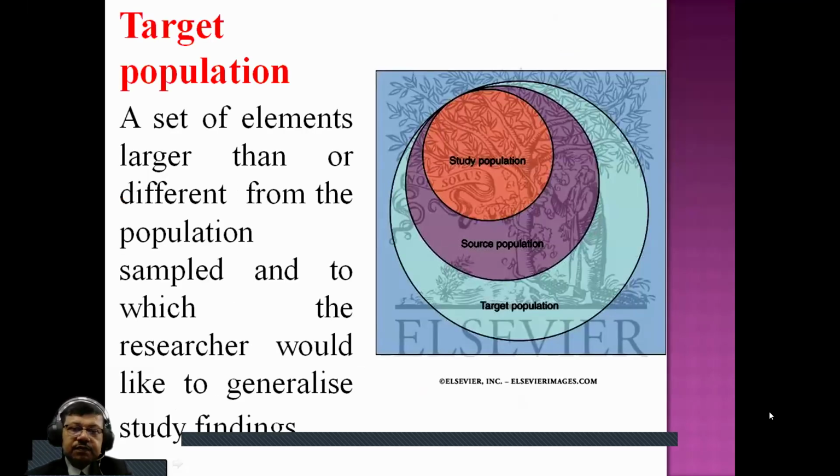Now what is target population? Basically, Elsevier has given a very clear idea about this target population. Here you can see a set of elements larger than or different from the population. For example, I want to study MBA students of Kolkata.